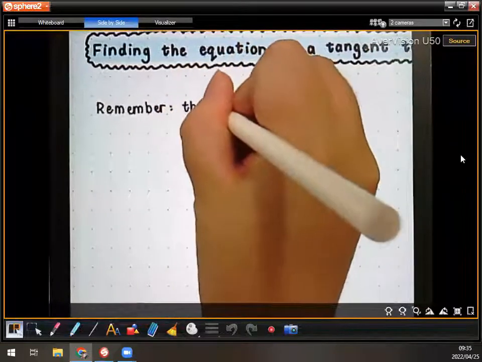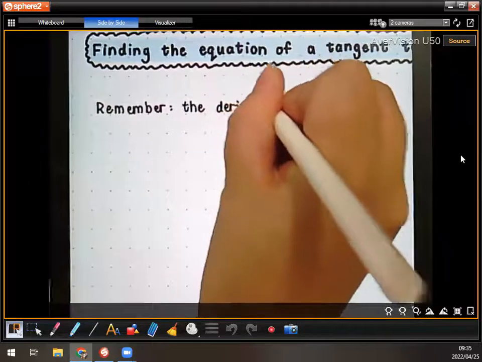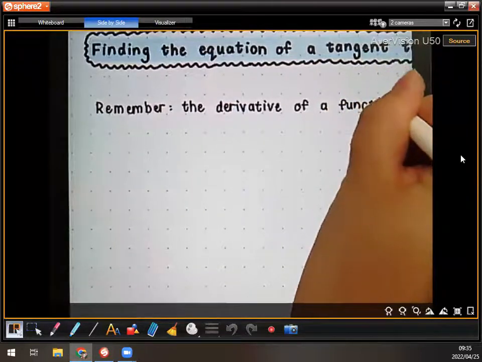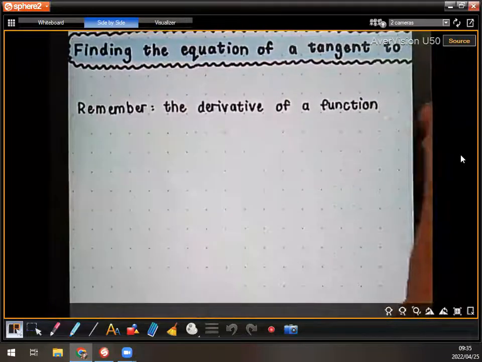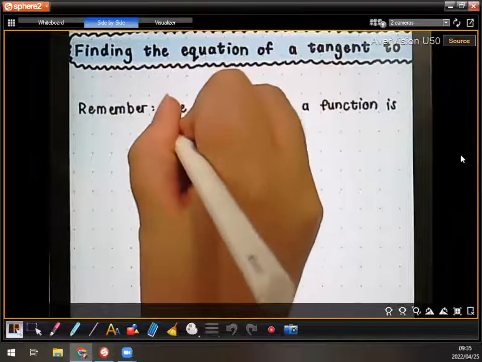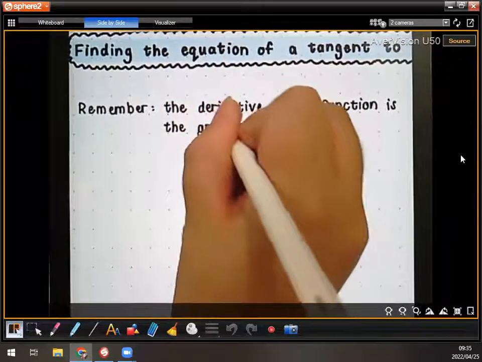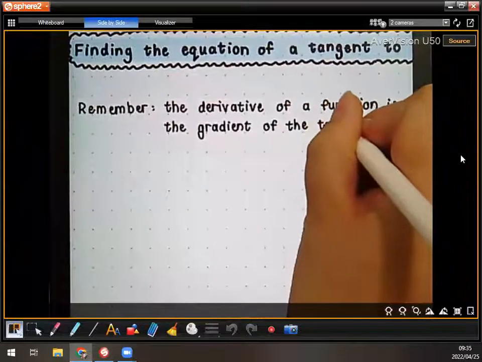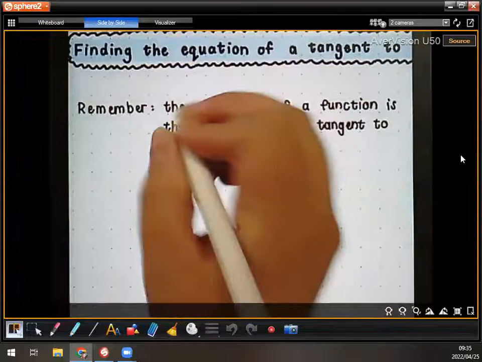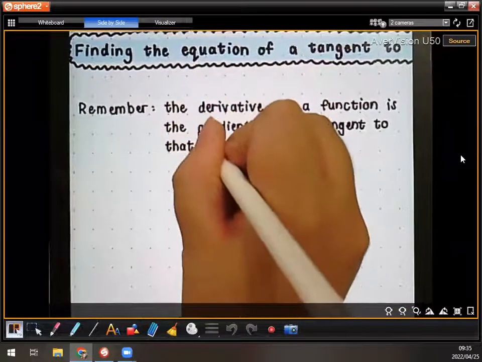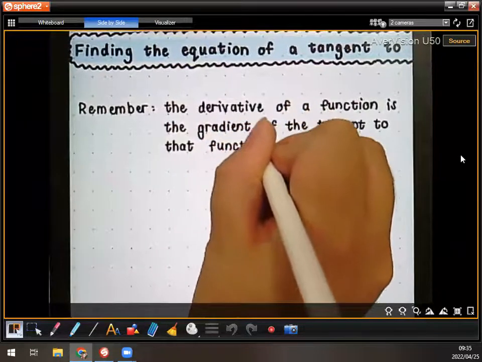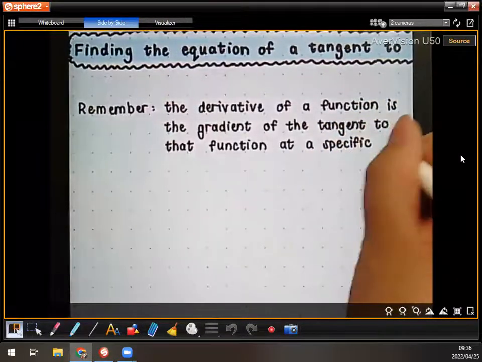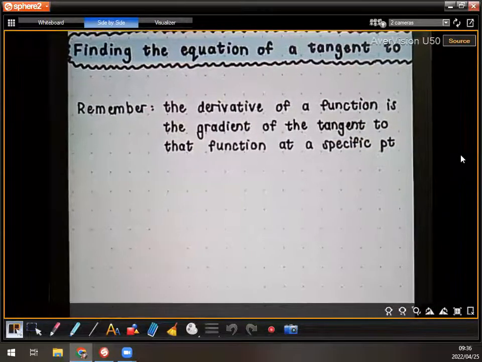The derivative of a function is the gradient of the tangent to that function at a specific point.